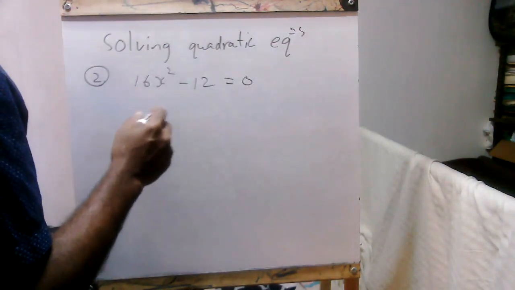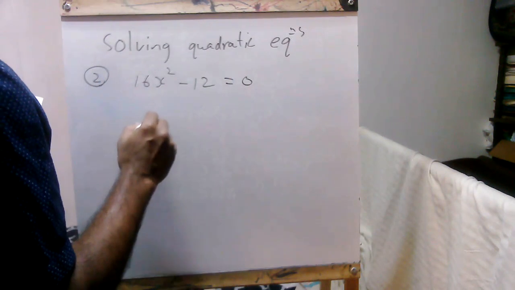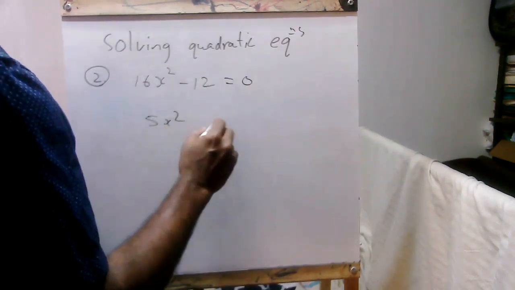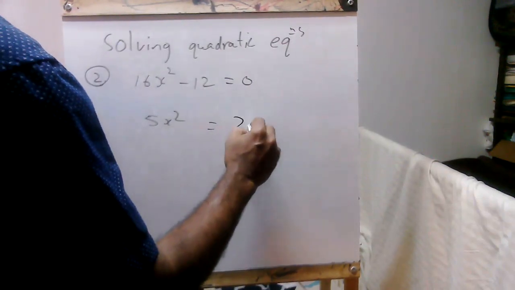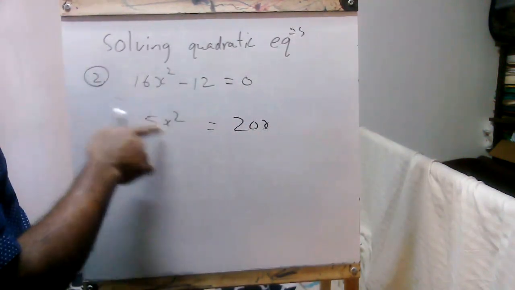The previous question was, I cannot remember the exact question, 5x squared equal to, I think it was 20x, right? Now you see the difference between these two.